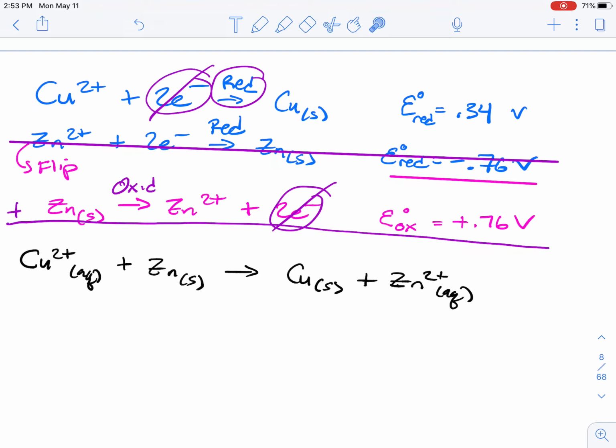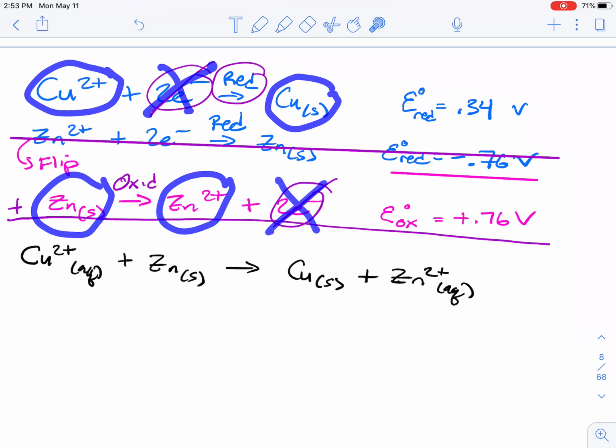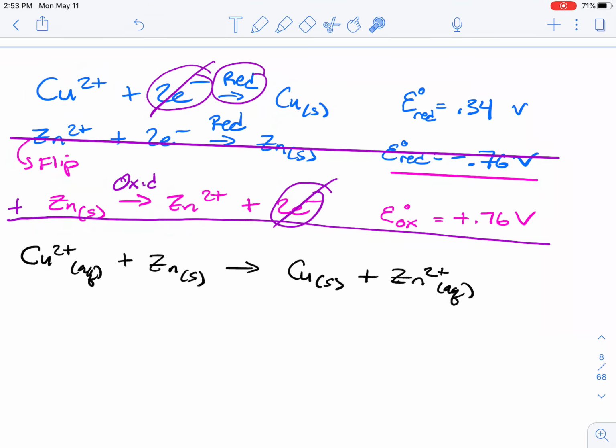So what I did is I basically combined what was left over, and what was left over is everything that I've circled. I'm canceling out the substances that are in common on either side of the arrow.